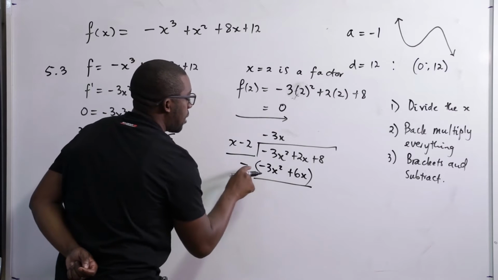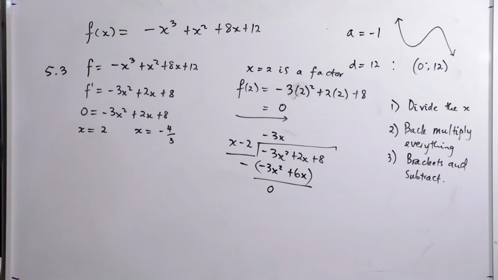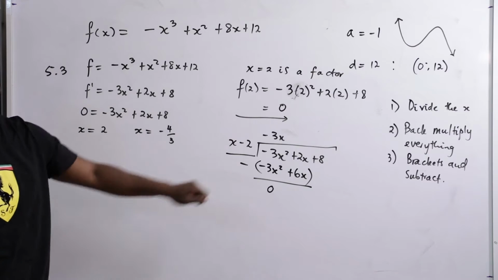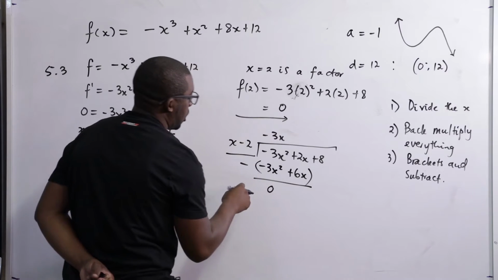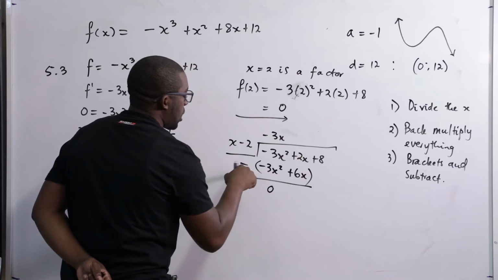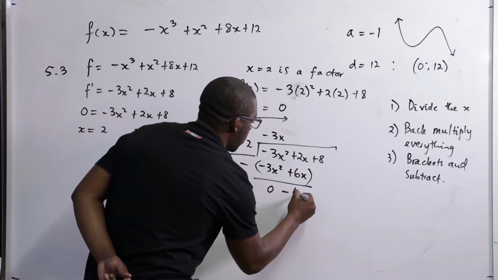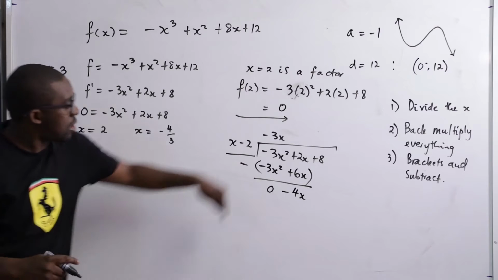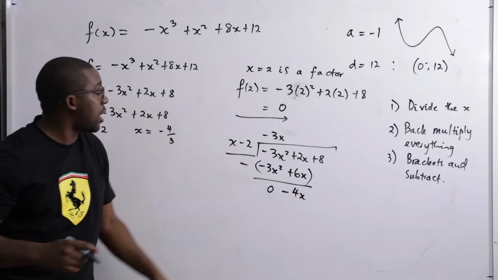Minus 3x squared minus 3x squared. You should always get a leading 0. That's the first thing that indicates that you're going in the right direction. Then 2x minus 6x. You're going to get minus 4x.